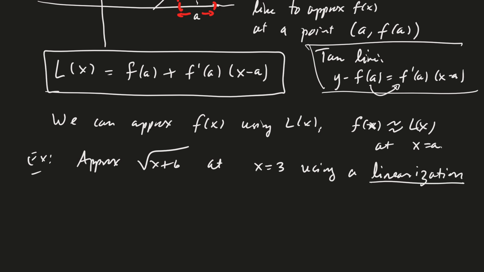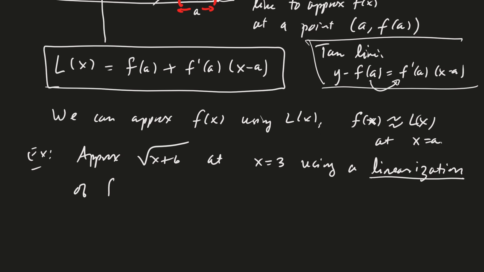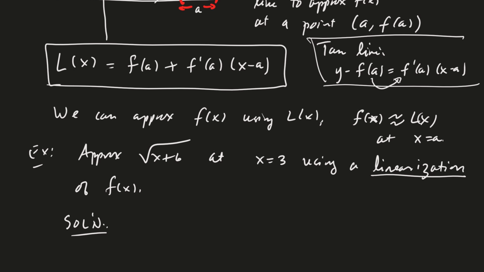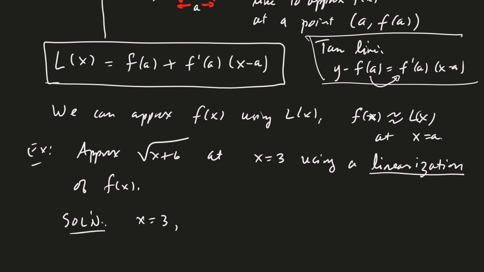So to linearize the function means to use the tangent line approximation for the function. Okay, so the solution here, if x is equal to 3, we need y. So f of 3 is equal to the square root of 3 plus 6. Square root of 9 is 3. Okay, so we're at the point (3, 3).